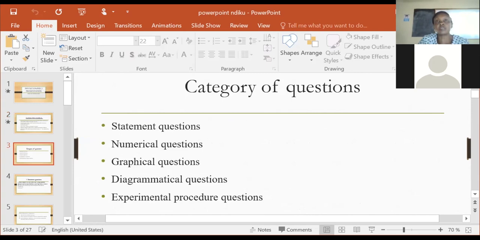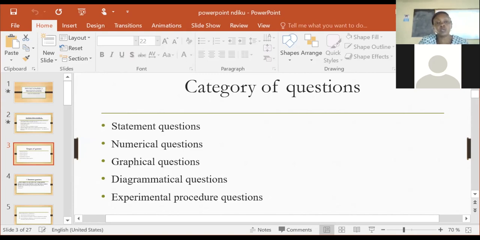When it comes to setting of the questions, I've tried to group them, we have at least 5 different types of questions which can be set in the exam paper. We have the statement questions, numerical questions, graphical questions, diagrammatical questions, and then experimental procedure questions.